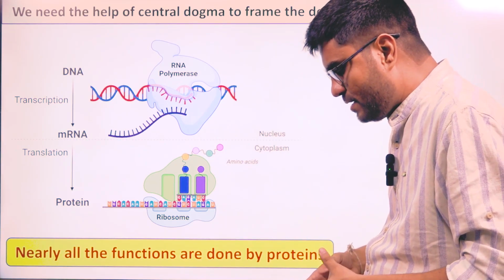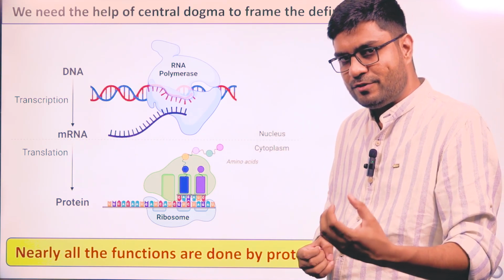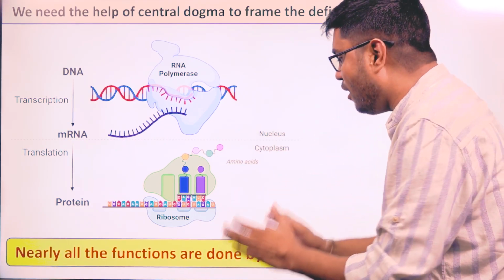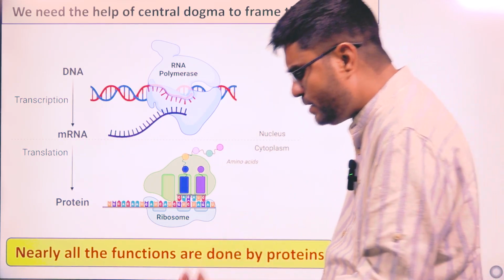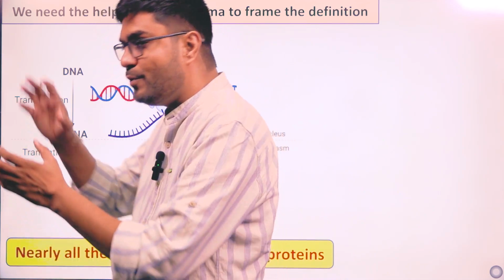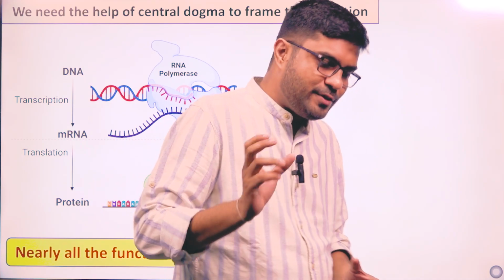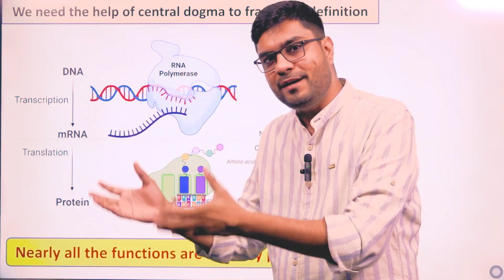Now, if somebody asks what proteins are doing, or what the functions of protein are, I generally say that nearly all the functions are done by proteins. We are speaking, there is some protein behind it. We are running, there is some protein behind it. We are thinking, there are some proteins behind it.